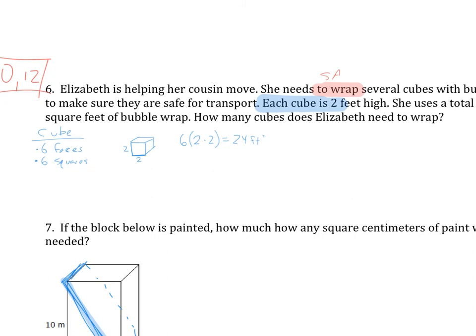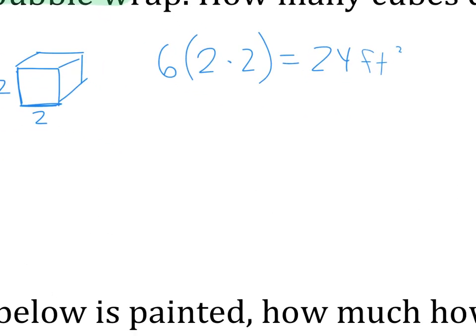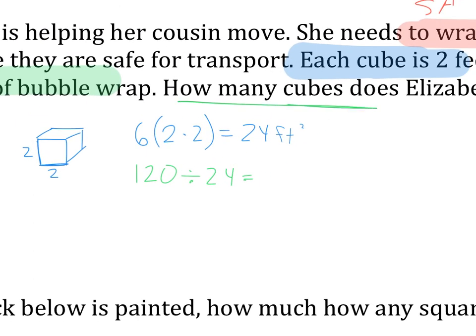Well, then look what the problem says. The problem says she uses a total of 120 square feet. Well, each cube she wraps is 24 square feet, so we will just take 120 and split it into groups of 24 to figure out how many cubes she wraps. That would be 5 cubes.